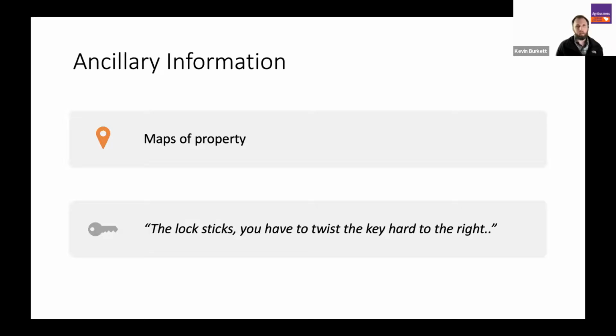But there might be some other things that, while it's not critical, would be additional information that would be good to have in there as well. So let's say the farm has several pieces of property that they manage.